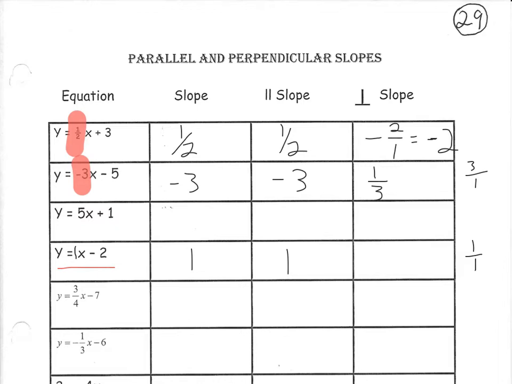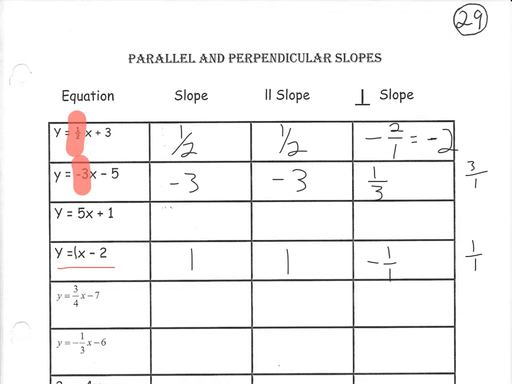So the first thing we need to do, we need the negative of it. So it's a positive 1. That's going to make it a negative 1. So I put my negative down. And now I've got 1 over 1. So I'm going to swap that because I need the inverse. So I'm going to put the 1 on the bottom and put the 1 on the top, and it happens to look very similar when I'm done.